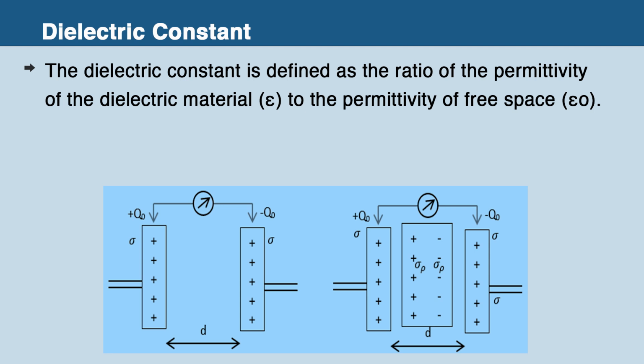The dielectric constant is defined as the ratio of the permittivity of the dielectric material to the permittivity of free space.